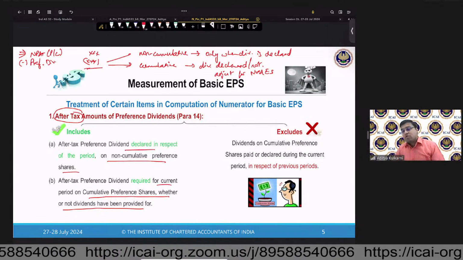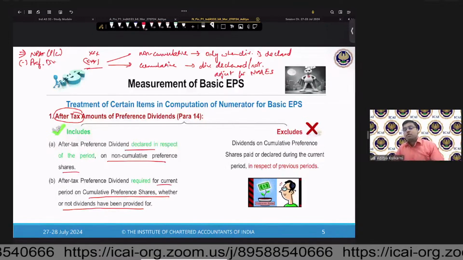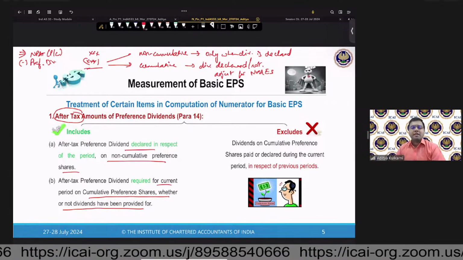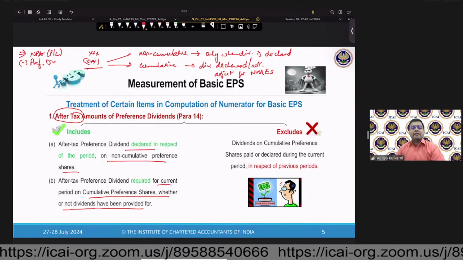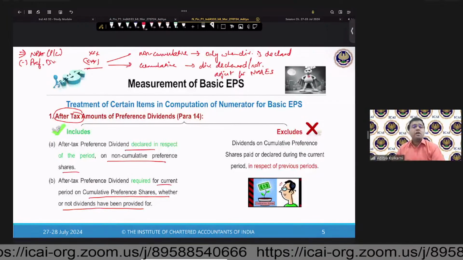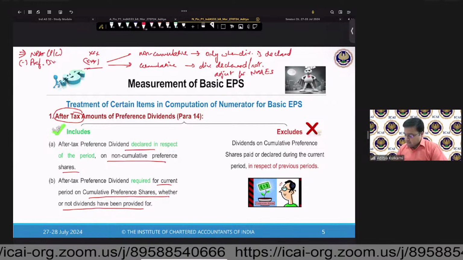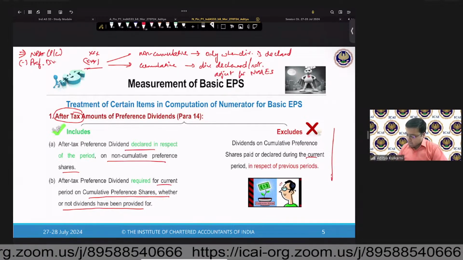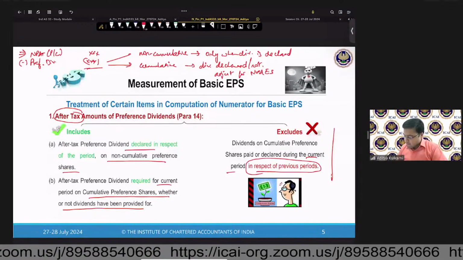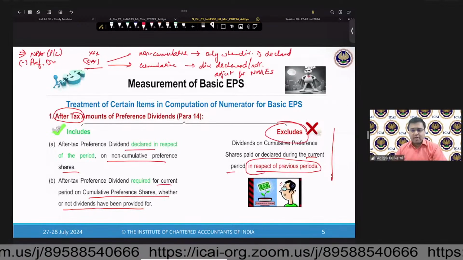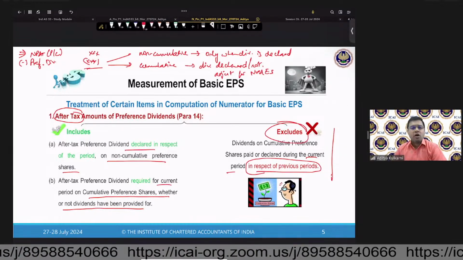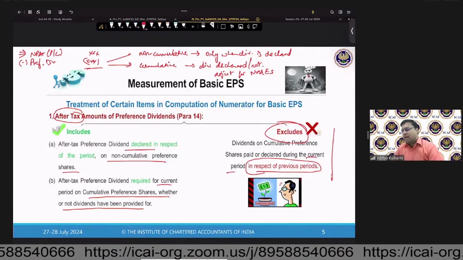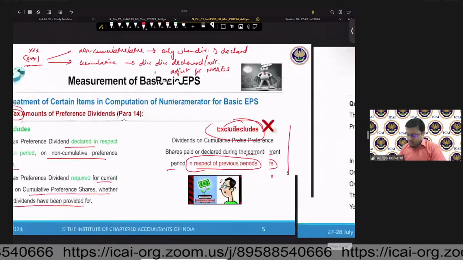But will I actually do the deduction of 2 years? Answer is no. I will do the deduction of only 1 year, because the previous year when it was not declared, I had still considered the reduction for the purposes of computation of EPS. So dividends on cumulative preference shares paid or declared during the current period in respect of previous periods will be excluded. Why? Because this actually goes on an annual basis, so on an accrual basis. So this is one treatment which is there.